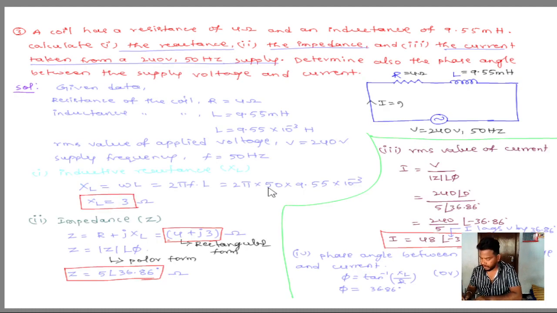Remember, whatever the answer you are getting, just highlight the answer with a different color. Then it is easy to identify the answer. Then it is very clear. Okay.